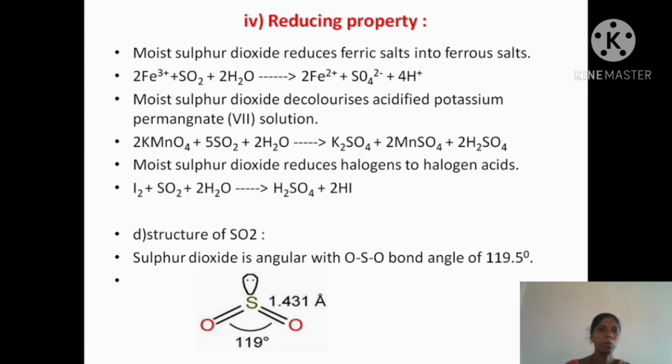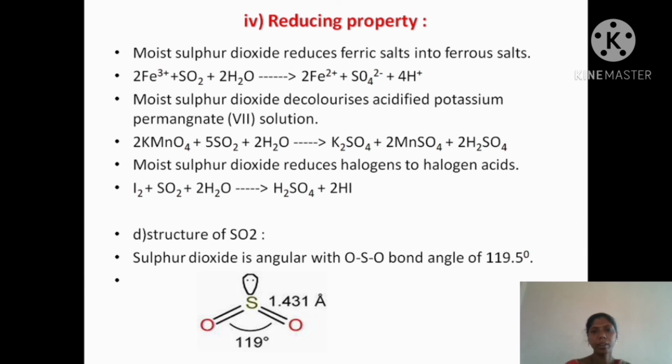Then second, moist sulfur dioxide decolorizes acidified potassium permanganate (VII) solution, like in the reaction 2 KMnO4 plus 5 SO2 plus 2 H2O.